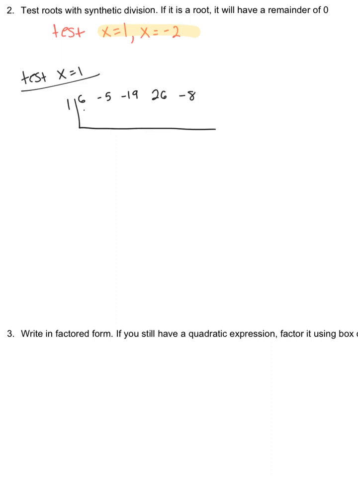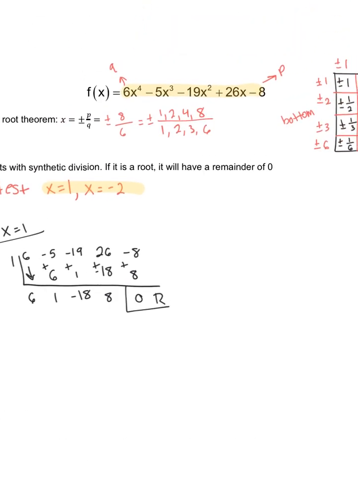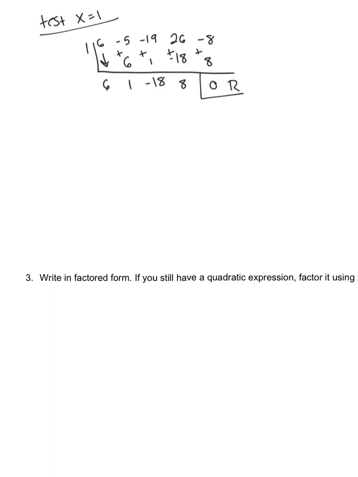Okay, and then I'm going to start my synthetic division. Okay, so my original problem had the highest exponent of 4, so my answer is going to have the highest exponent of 3.